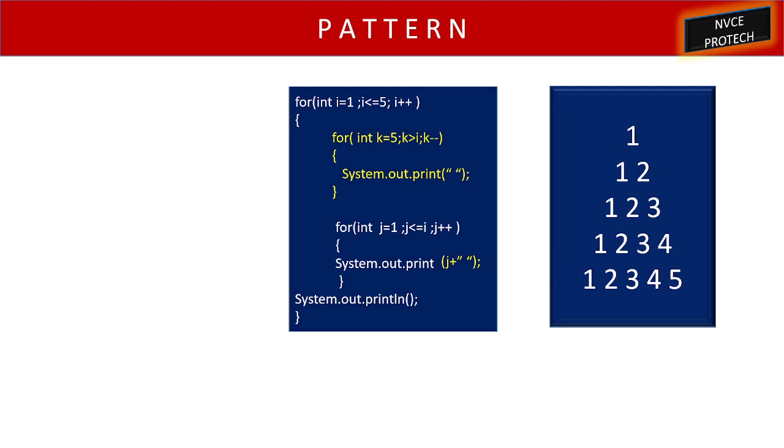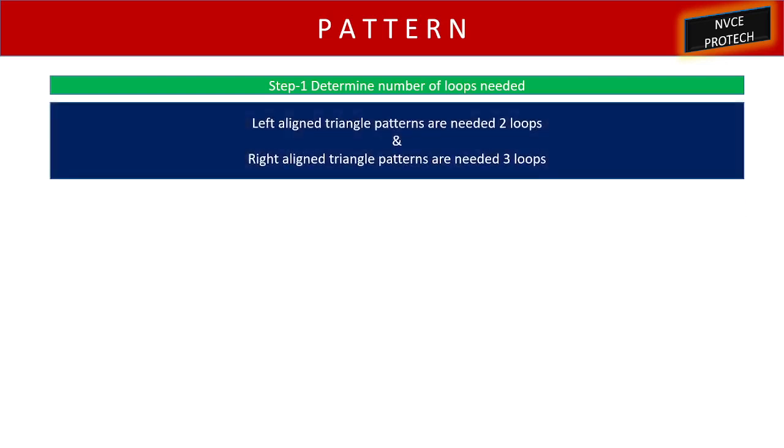So in conclusion we can say, step 1, determine the number of loops needed. Left aligned triangle patterns need 2 loops, and right aligned triangle patterns need 3 loops.